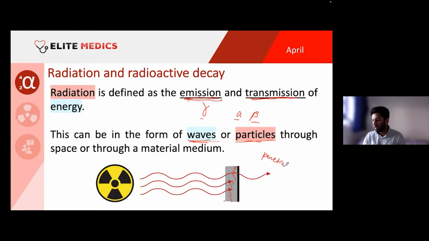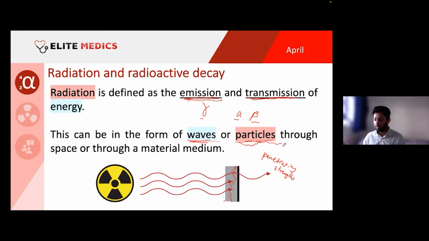So particles, if you think about it, have a guess in your head at which one would be more likely to penetrate through things. Well, obviously particles are actually solid particles, right?